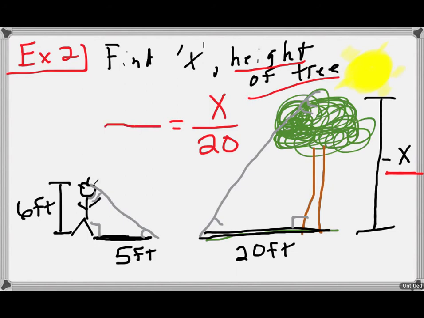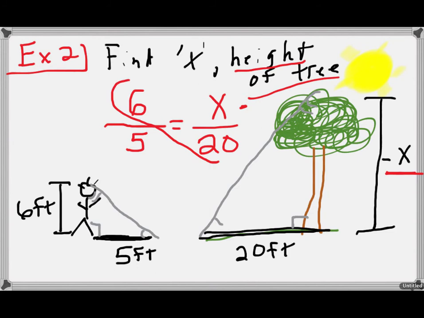Let's figure out this other ratio and create a proportion. Now, since I have the height on top, I need to go over here to Peter Pan's height and write his height on top. See, heights are on top. I put the shadow on the bottom, so Peter Pan's shadow will go on the bottom here.